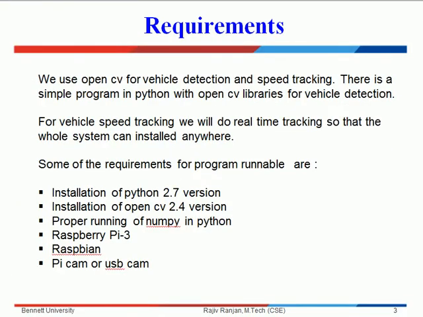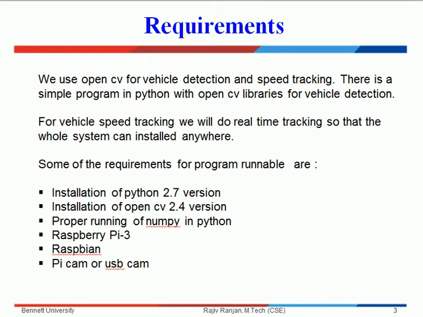To deploy this project there are some software requirements and hardware requirements as well. We use OpenCV for vehicle detection and speed tracking. OpenCV is an open source library for image processing, and it is very good for detecting objects.